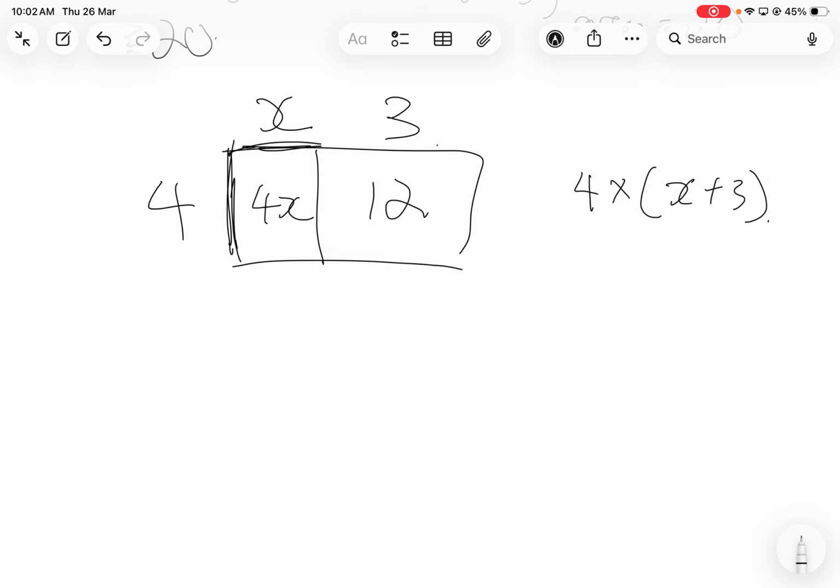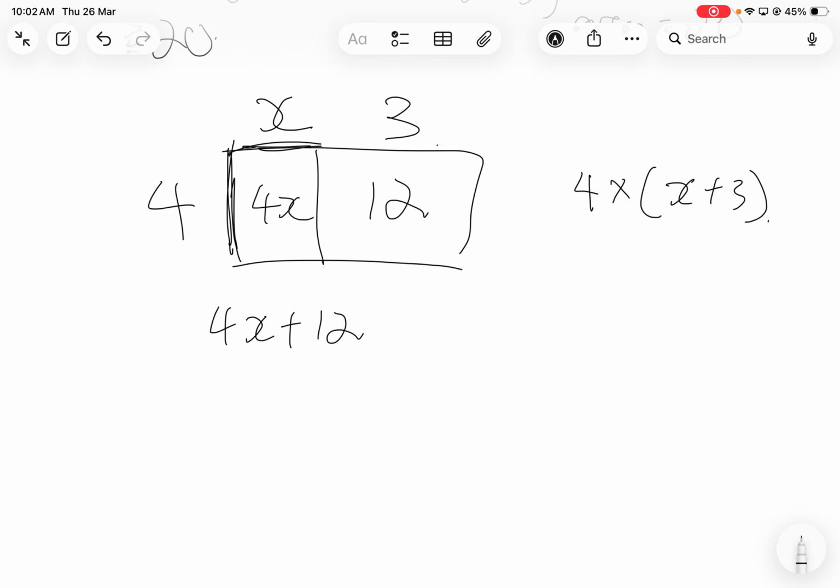So our multiplication, when it involves brackets, you can treat it as a length times a breadth. Then what is my total area? My total area is still these two added together, so 4x plus 12.